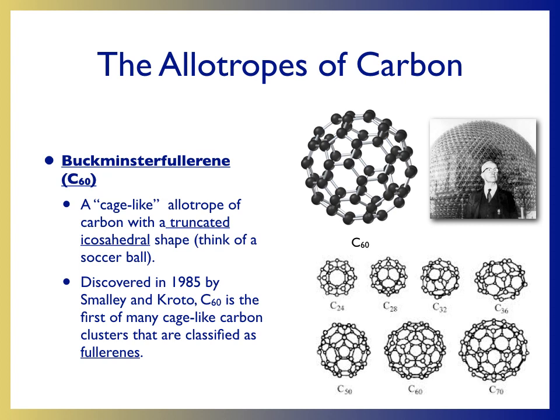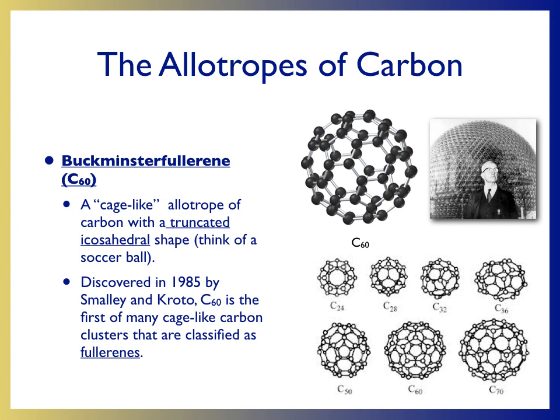Buckminster fullerene has a cage-like structure and is shaped like a soccer ball. The most technical term for that is a truncated icosahedron. It's named after Buckminster Fuller, who invented the geodesic dome.